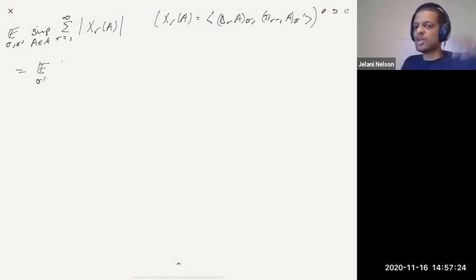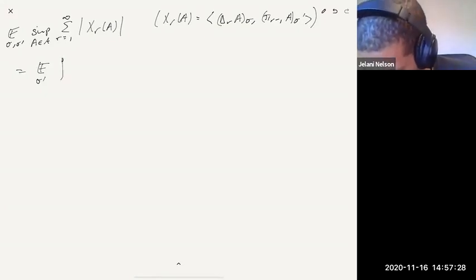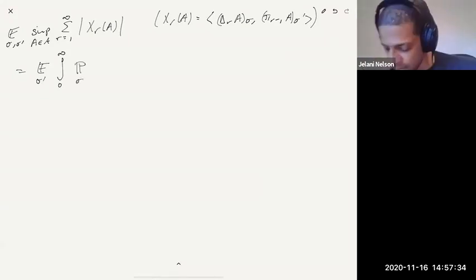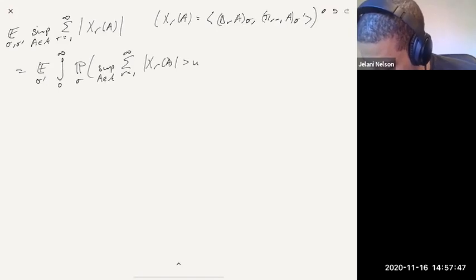This follows from integration by parts. So this is equal to the integral from 0 to infinity of the probability over sigma that the sup over A in script A of the sum over r from 1 to infinity of X_rA is bigger than u, du.